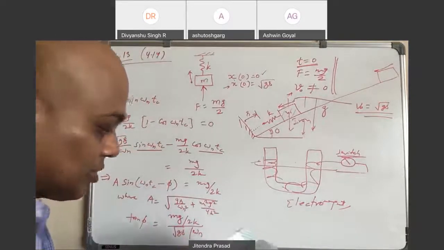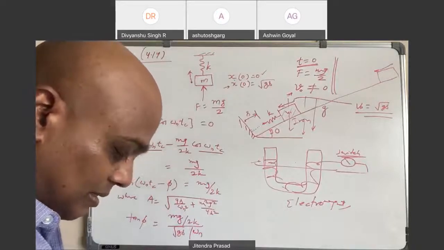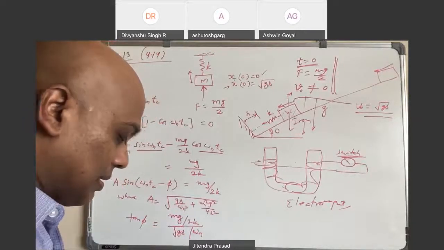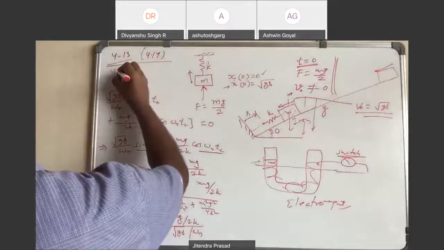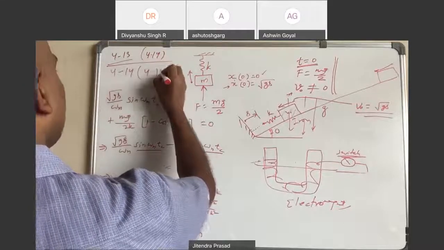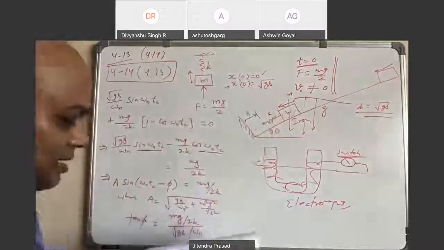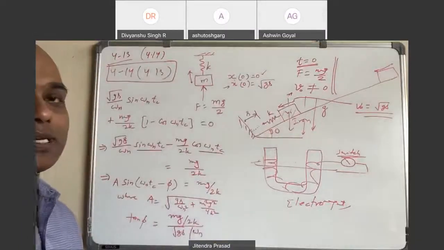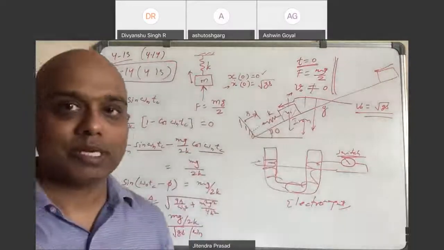The problem number is 4.14, which is 4.13. This problem is based on this concept only, but much easier. If you can do this one, you can do that also.